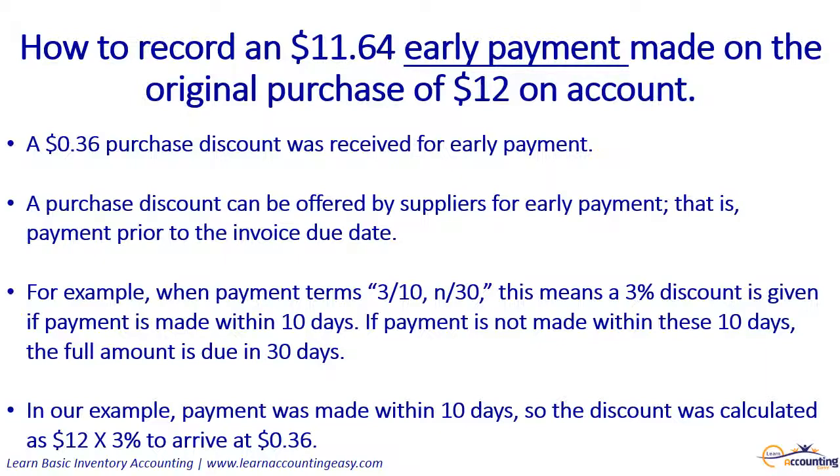Maybe they said we had 30 days to pay, but they also said if we pay early, maybe within 10 days, we'll get a 3% discount. And so in this case, if the original purchase was $12 and we actually paid within the 10 days, we get the 3% discount, which is 36 cents. This is going to be called a purchase discount for the early payment.